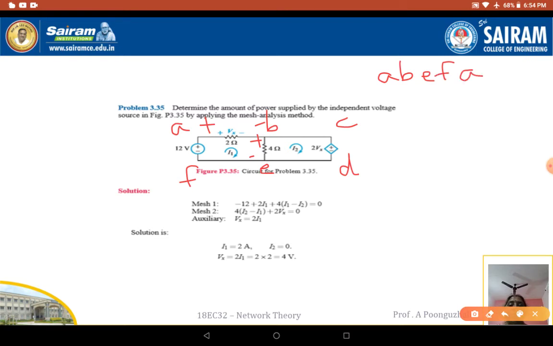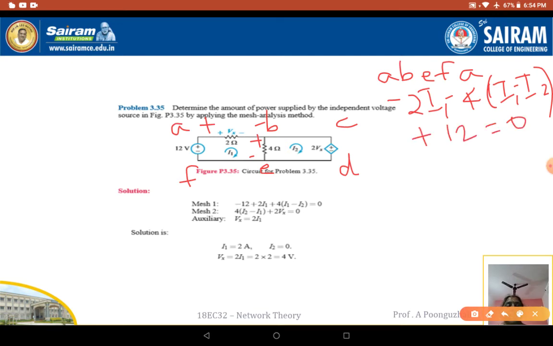Now if I assume that the current direction is like this, here we have minus, current is entering like this. So it is your minus 2 into I1. Here it is going to be minus 4 into I1 minus I2. Here it is going to be plus 12 is equal to 0.